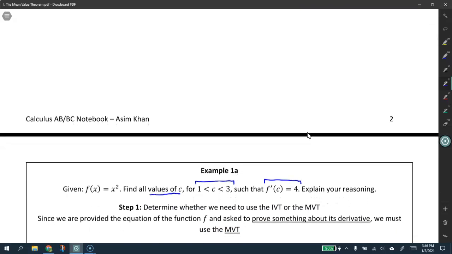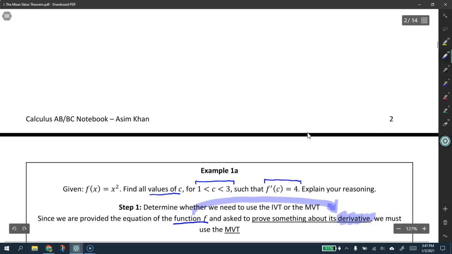I'm going to show you a very systematic process for the mean value theorem. The first thing we need to do is figure out which theorem we are supposed to use, because oftentimes students get confused as to whether to use the IVT or the MVT. You will notice that you've been provided the equation of the function f, and you need to prove something about its derivative.